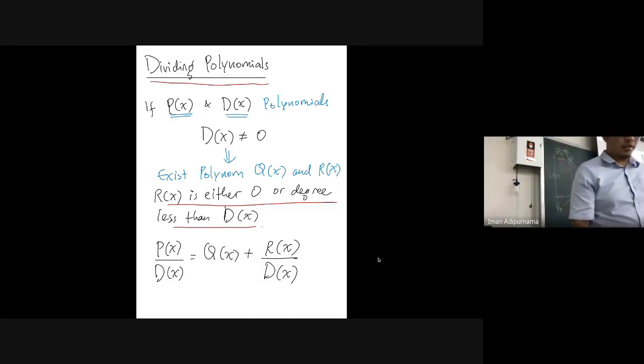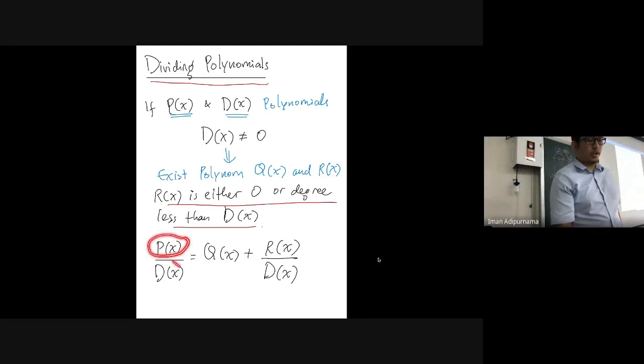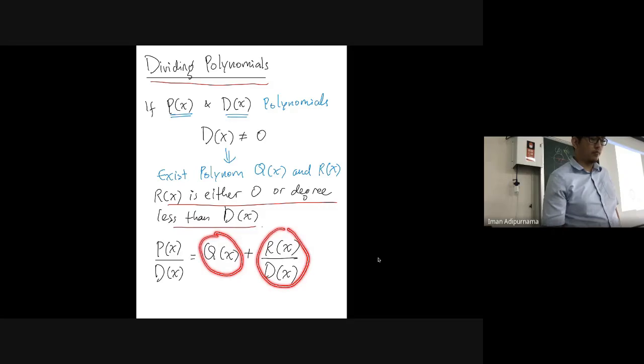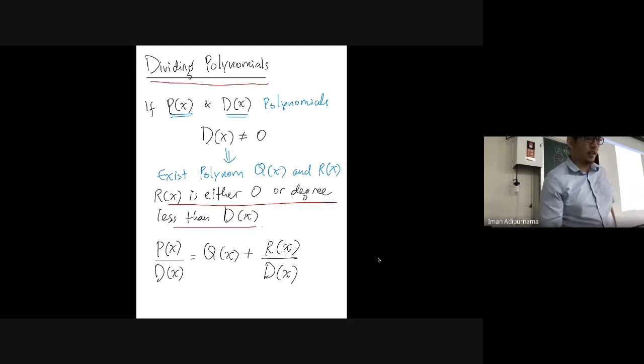So if you have any polynomial p and d and you divide p by d, you get the result q plus r over d. This r can be 0, or it can be of a degree less than d(x). That's the theorem.